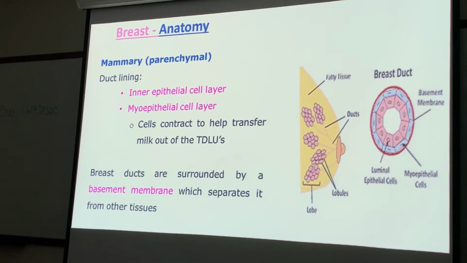So the breast ducts, guys, they're surrounded by a basement membrane right here. That red area around those ducts is the basement membrane, which helps separate it from the other tissues around it. So each duct acts as an individual.